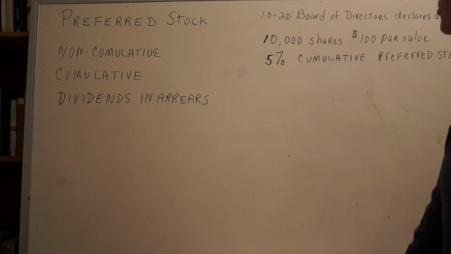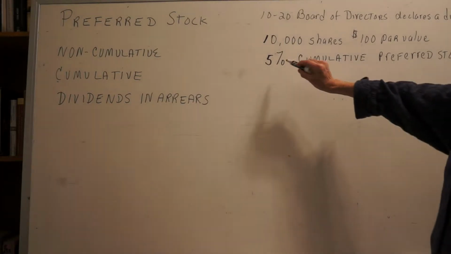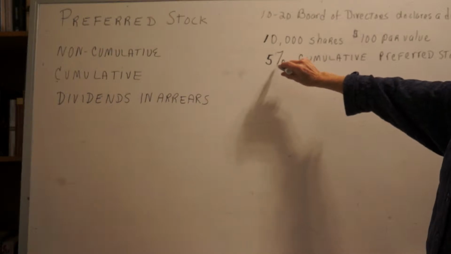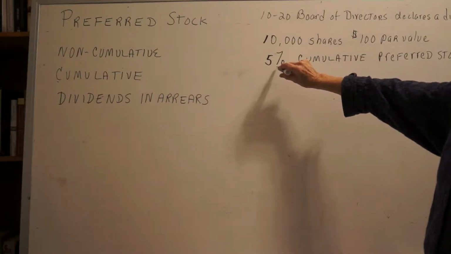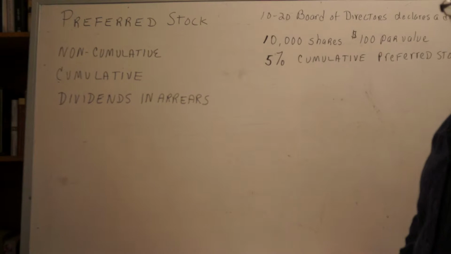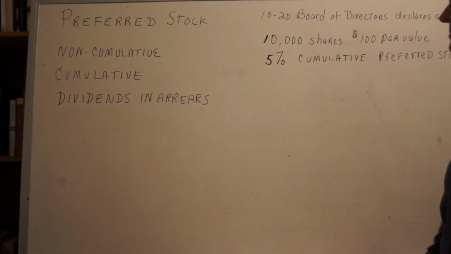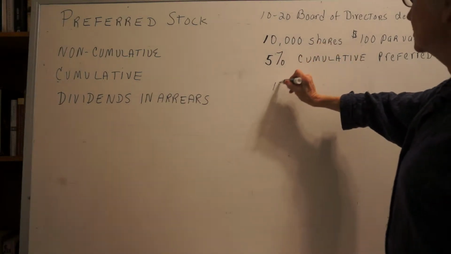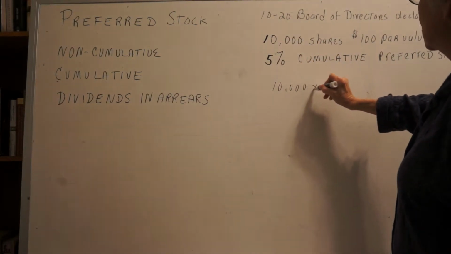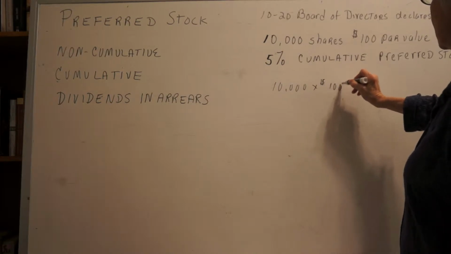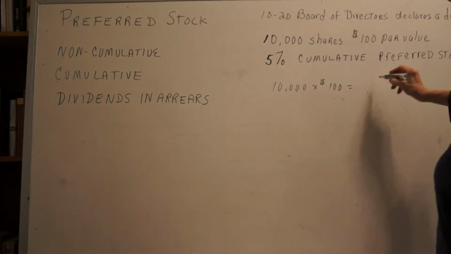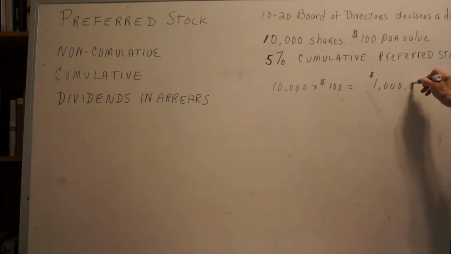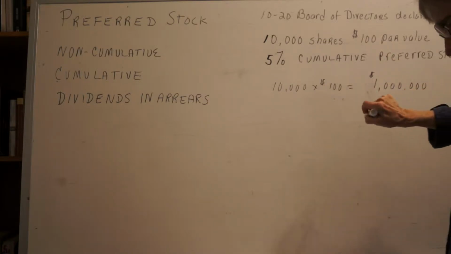The dividend for a preferred stock is stated in terms of a percentage of its par value. So 5% preferred means that stock pays a 5% dividend. To compute the amount of a dividend for this stock, we have 10,000 shares times $100 par, which gives you the value you would have on your balance sheet for your preferred stock, $1 million.